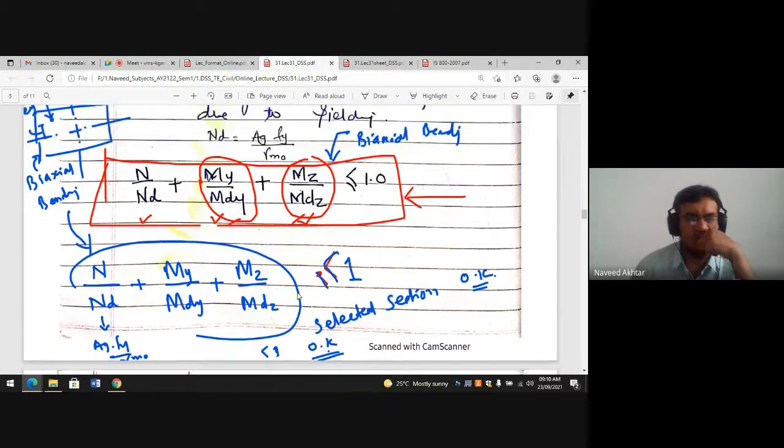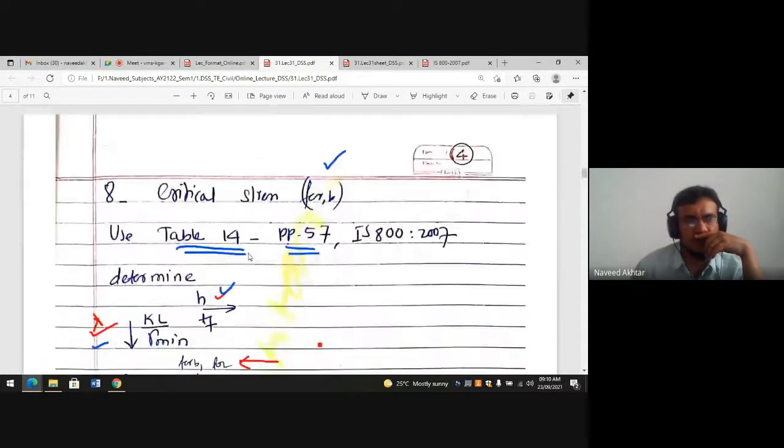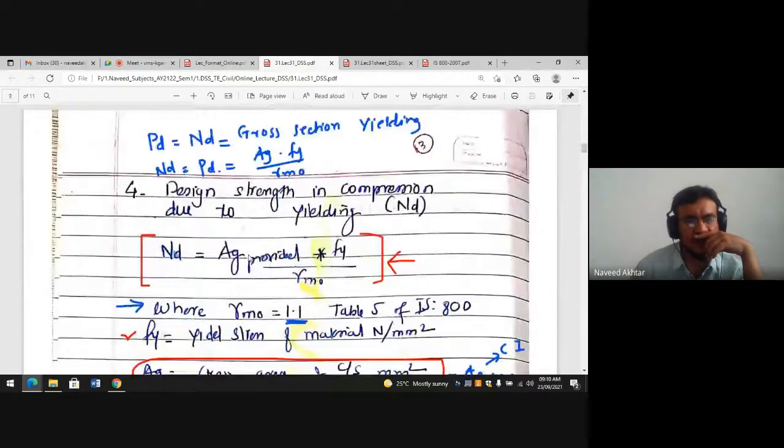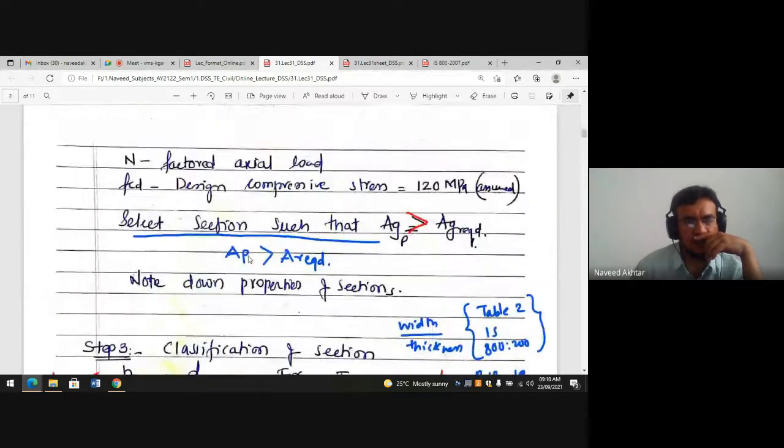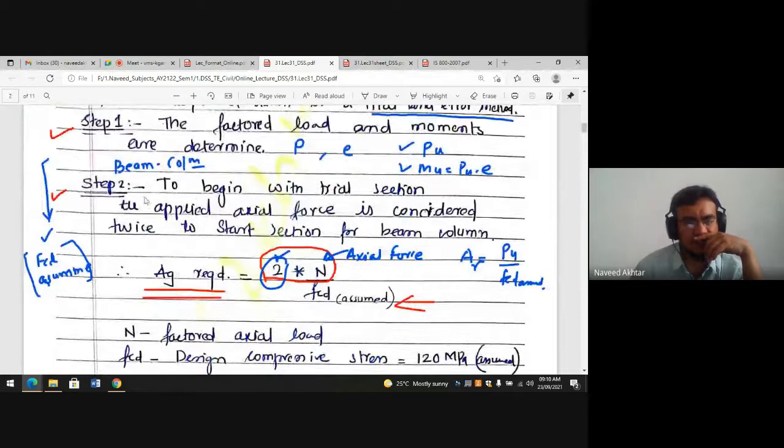Then we will say that our column is safe, or the selected section is not. If the section is given, then you don't need to select it. This is step number 1, to assume the fcd and to find out the section, which is not required if the section is already given in your example.